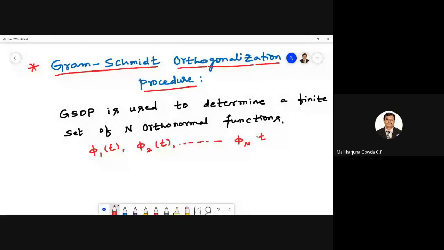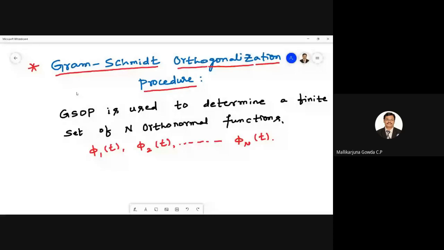Hope this point is clear. Our aim is to find out what phi 1 of t, phi 2 of t, and so on up to phi n of t are, by using this procedure.